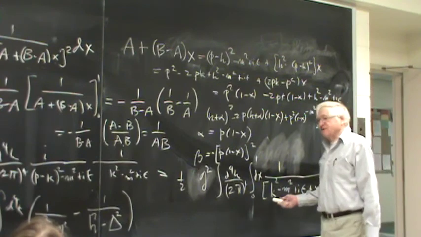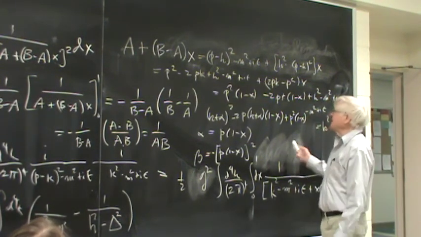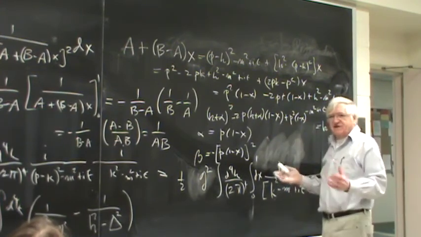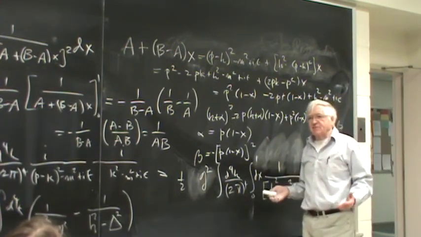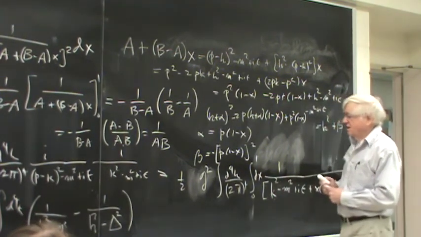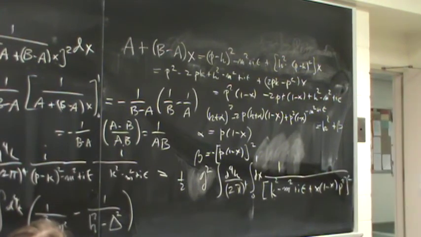Because we want to be able to do the d4k integration, and if k is a complicated linear form, k dotted into p and everything, that would be a nightmare. Thank you for the question.